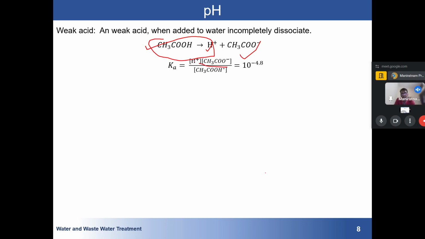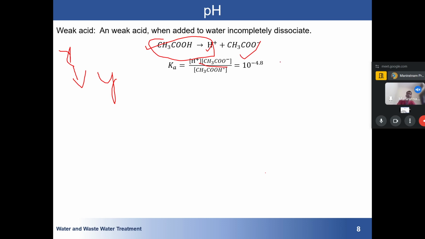Suppose initially x amount was added in total. Some of this will dissociate into CH3COO minus, but some amount will remain as acetic acid. That is known as aqueous acetic acid, and that is represented by CH3COOH star.